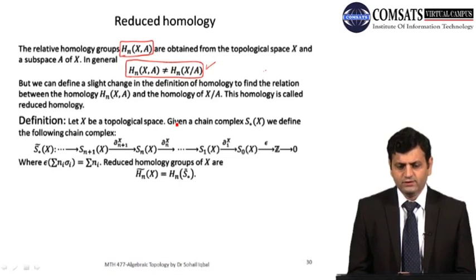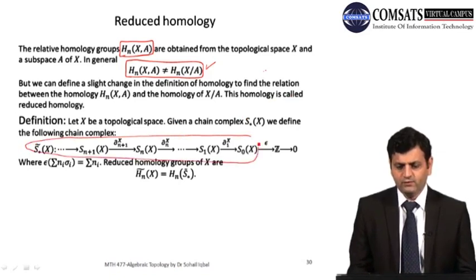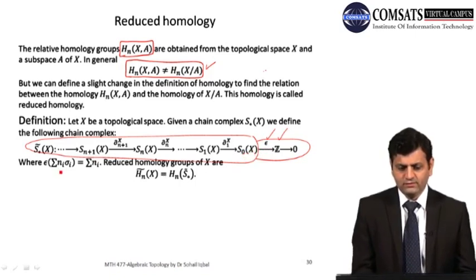In reduced homology, instead of considering this chain complex, we add one extra map and one extra node to it. The map is called epsilon, and the extra node is just Z. How do we define this epsilon? Remember that S0 of X is a free abelian group generated by the points of X, so its elements are of the form the sum of ni sigma i.